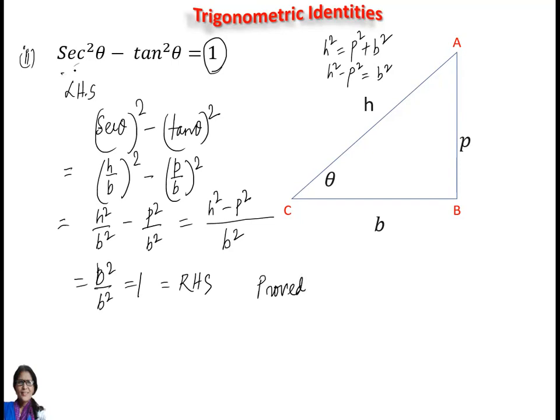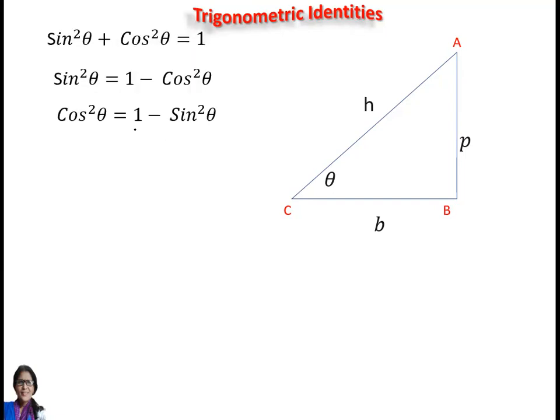So from this identity, I can get other identities also. What is it? Previously we have got this. Now I am adding: sec square theta minus tan square theta is 1. From this, I'll separate sec square theta, then tan square theta will be added here.